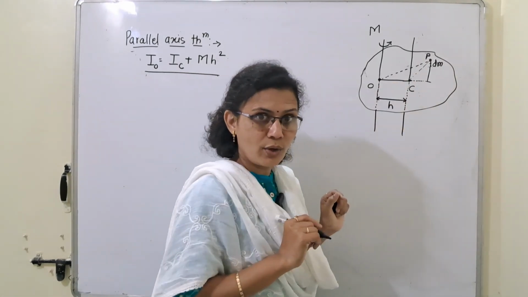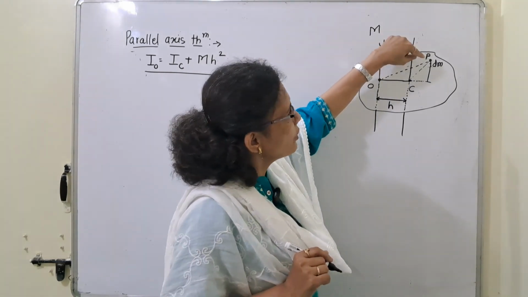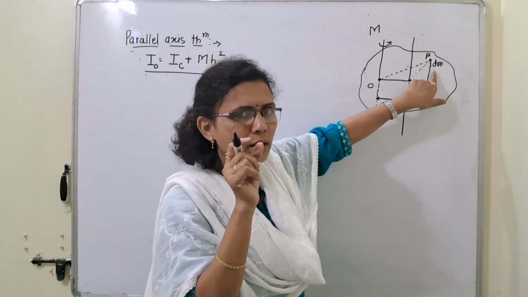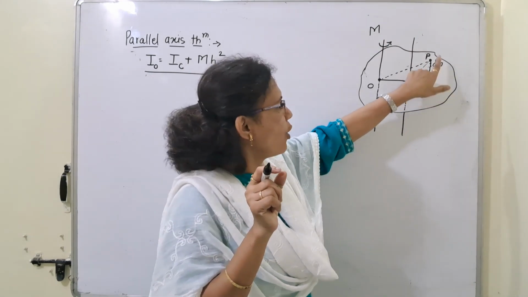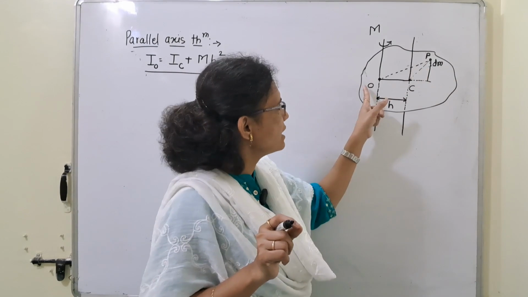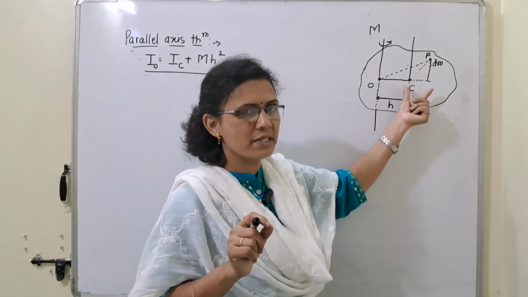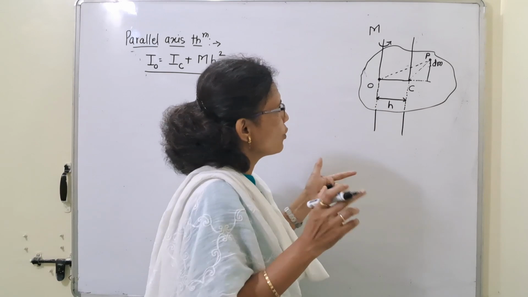What construction do you have to do? You have to consider one point P where we are going to consider one small mass element of this body as a dm, correct, which is present at distance OP from this point O and CP from the center of mass. So what is the construction?